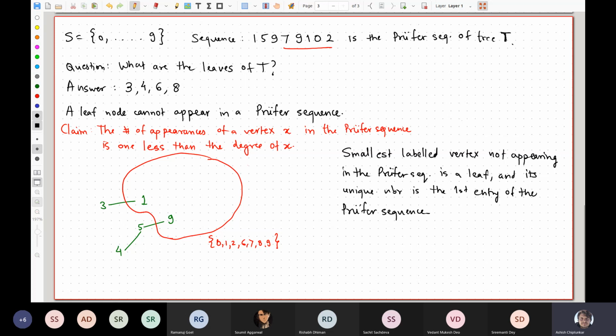Right, so this is the pattern that we are using. That's all. And this is obvious from the way we define the prefer sequence.